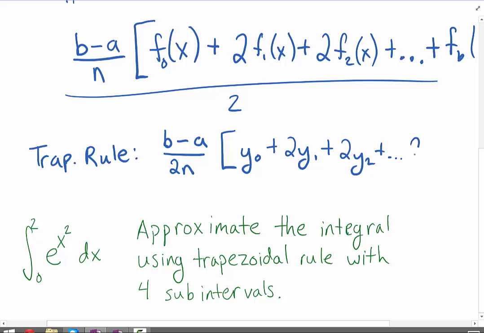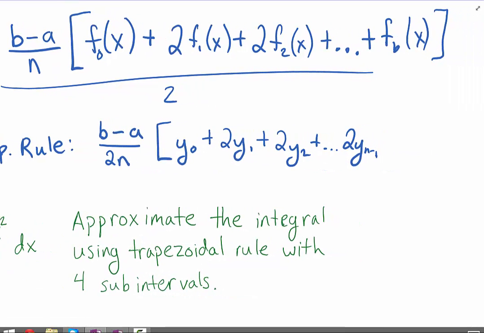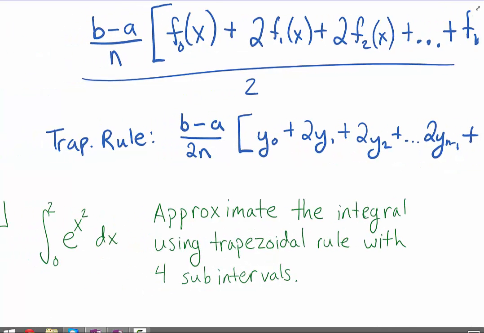I'm going to just put 2y(n minus 1). That's like the point before the last one. So we know everything's being multiplied by 2 except for the first y and the very last y. So that's our trapezoid formula.